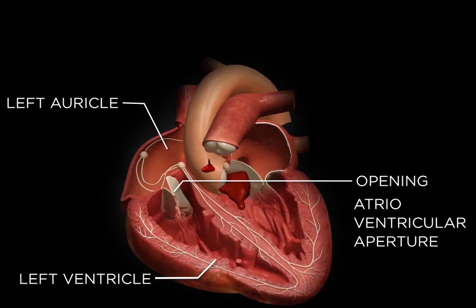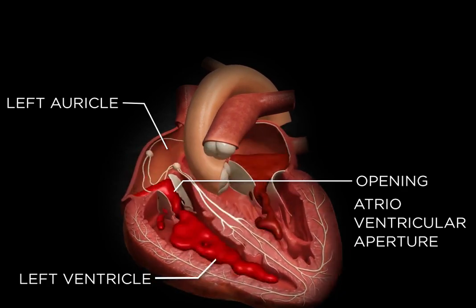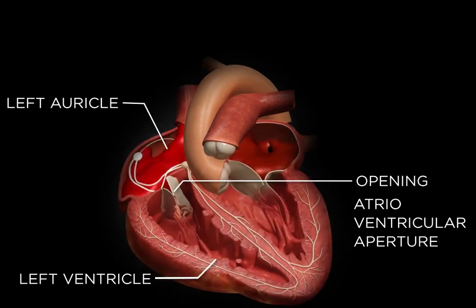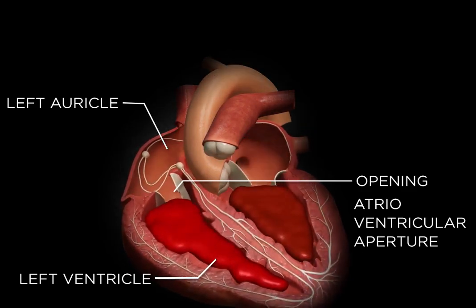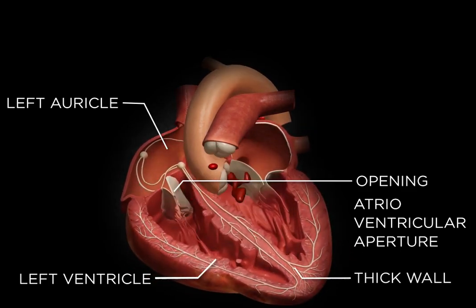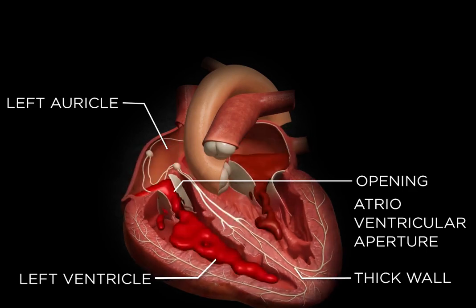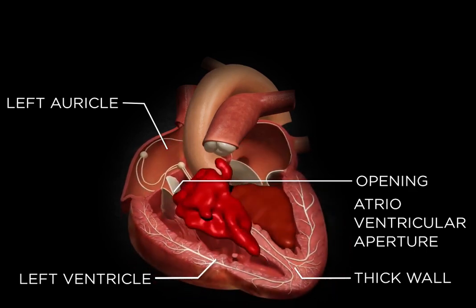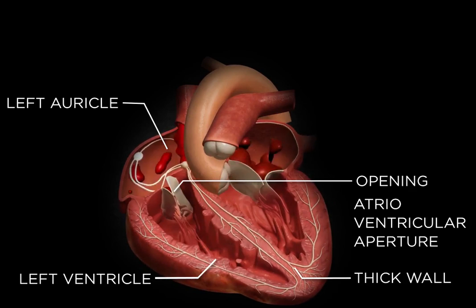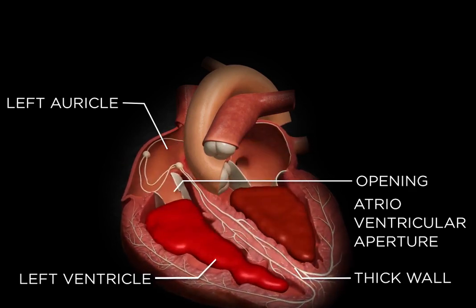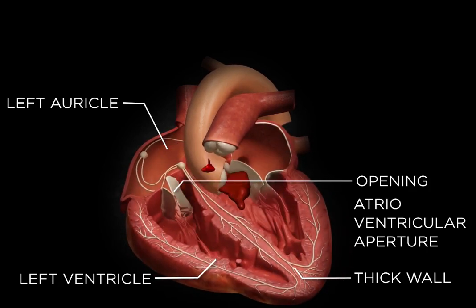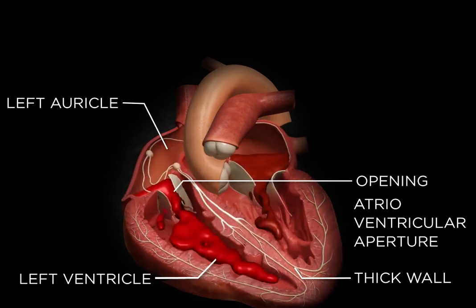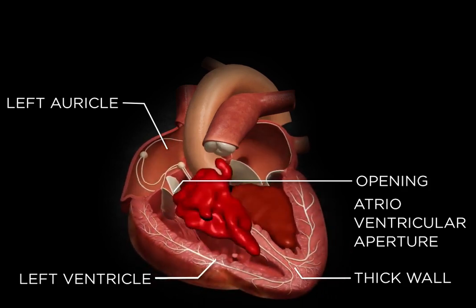By the way, the left ventricle is the largest chamber of the heart. Also, it has a thick wall because the left ventricle has to push the blood into all the organs. So, the left ventricle needs to have a lot of pressure, which is why the left ventricle has a thick wall.